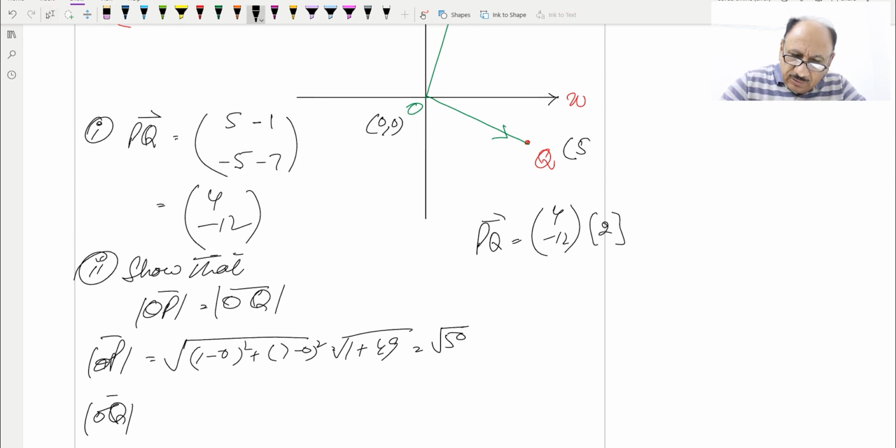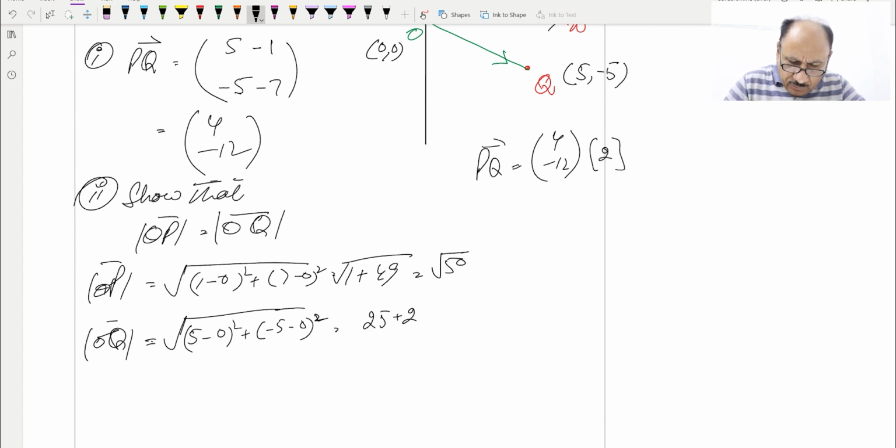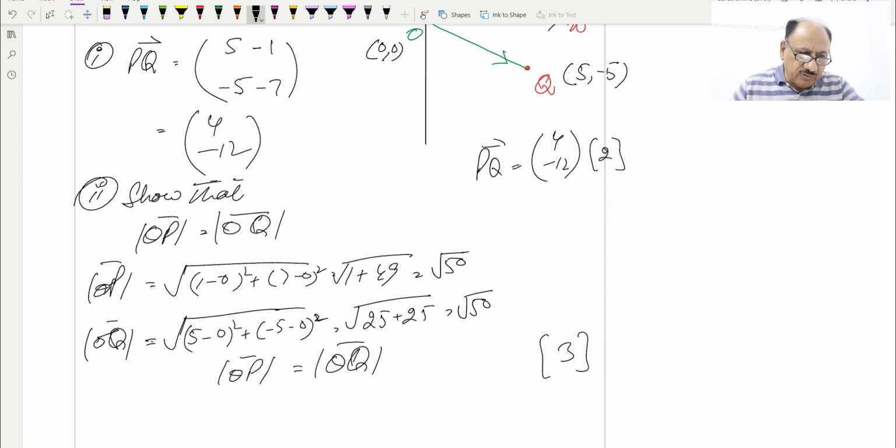So the mod will be root of 5 minus 0 squared plus minus 5 minus 0 squared, which is root of 25 plus 25, and this will be equal to root 50. So we can write mod OP is equal to mod OQ, which we were supposed to show, and this was 3 marks which we have done.